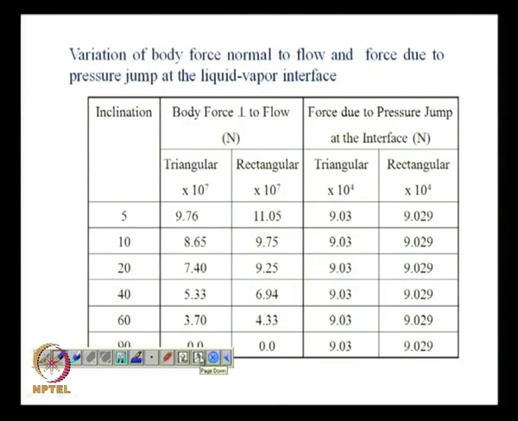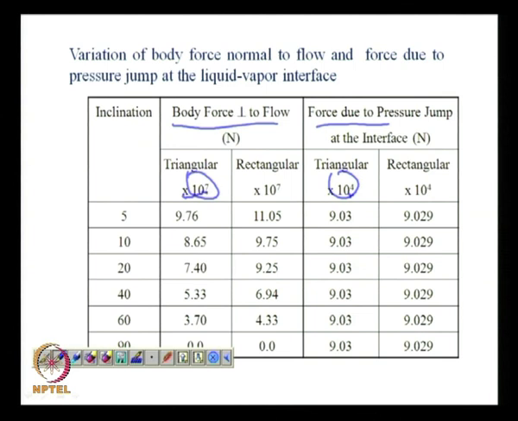This is probably the last slide, or the last but one slide. We could also calculate, using the same model equations, what is the body force perpendicular to the flow, and what is the surface force due to the pressure jump at the interface. You can see there is 3 orders of magnitude difference, that is, the surface force is 1000 times more important than the body force.